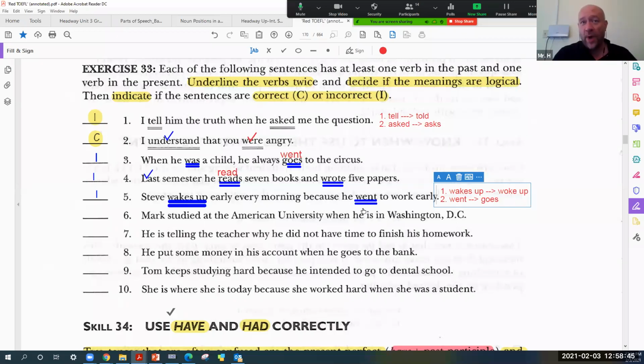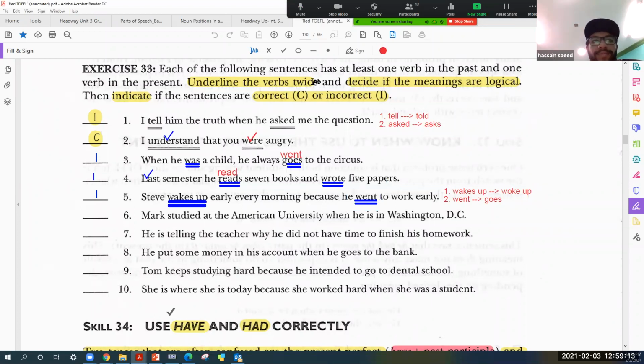Yeah, every day you wake up early because you start class early. Gentlemen, you can fix either one. You can fix the first one or the second one. Both are logical.